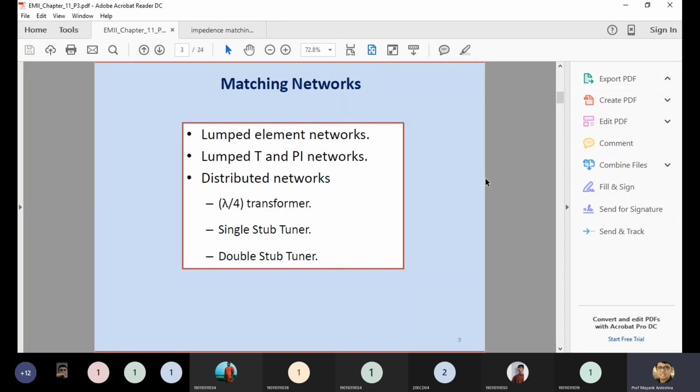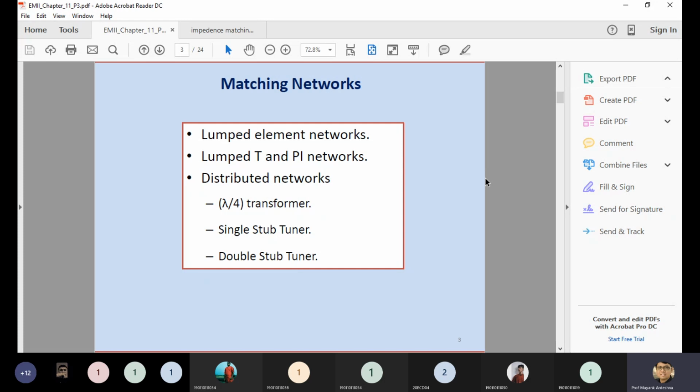The third one is the distributed network, which has at least three main techniques that can be utilized for matching in high frequency applications, especially for frequencies beyond 500 megahertz. The first technique is the lambda by 4 transformer.